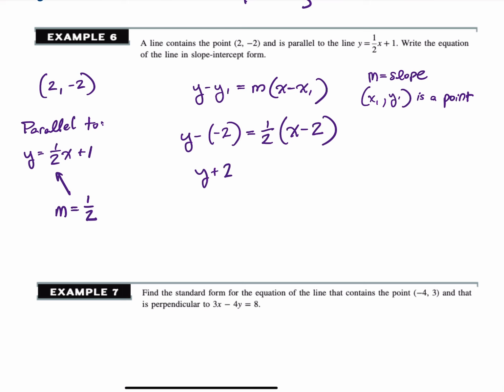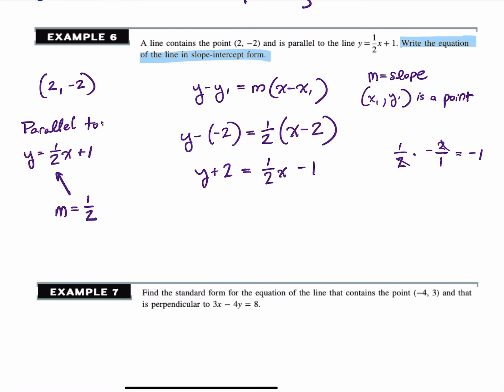And we want the final equation in slope-intercept form. So let's distribute this 1/2 to both terms. So that will become 1/2 x. And then 1/2 times negative 2, that would just cancel to negative 1. So 1/2 x minus 1. Now let's just subtract that 2 over.